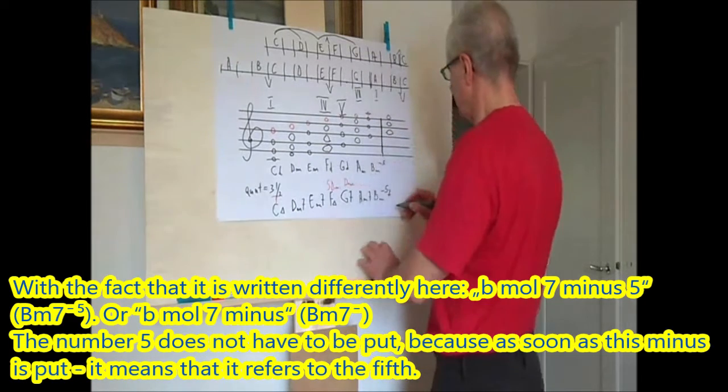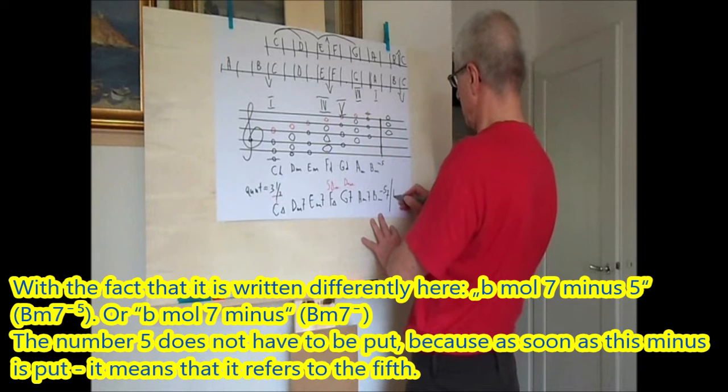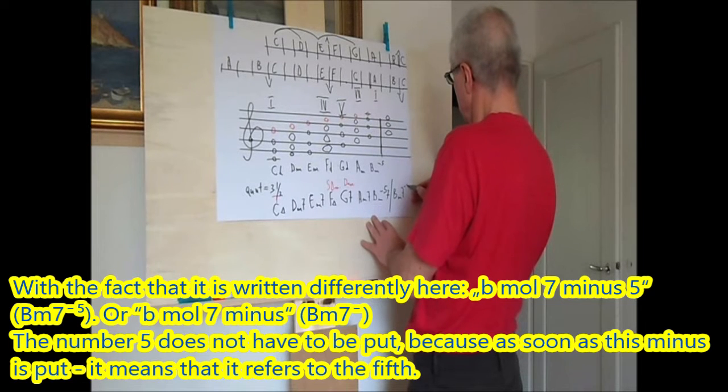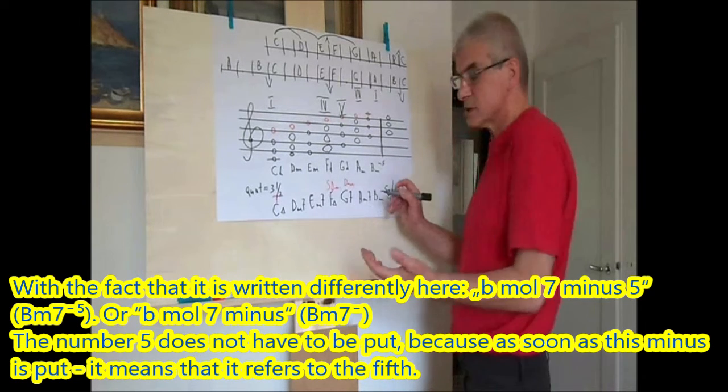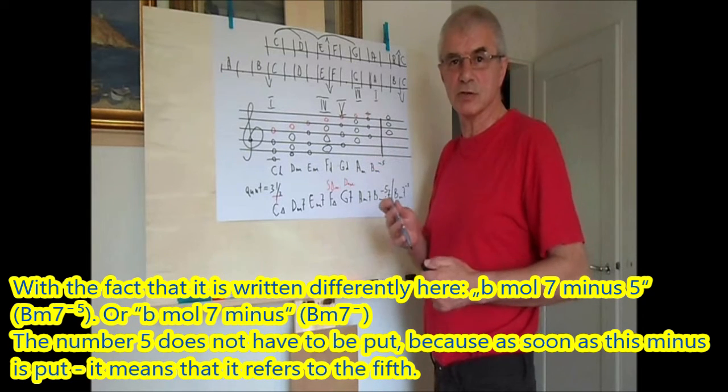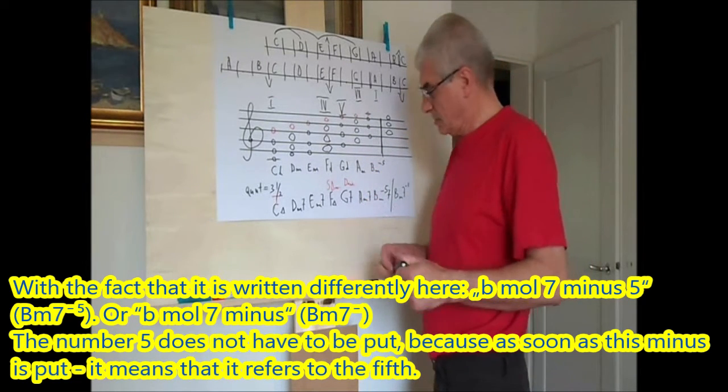Here it is written differently, flat 7 minus 5, or flat 7 minus. The number 5 does not have to be put, because as soon as this minus is put, it means that it refers to the fifth.